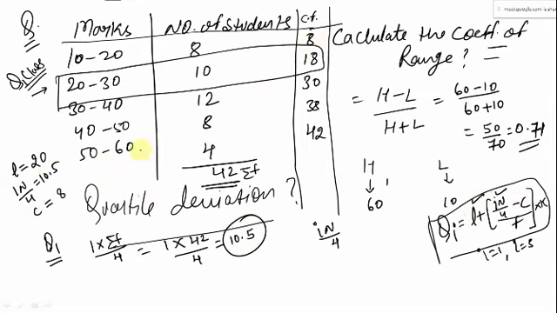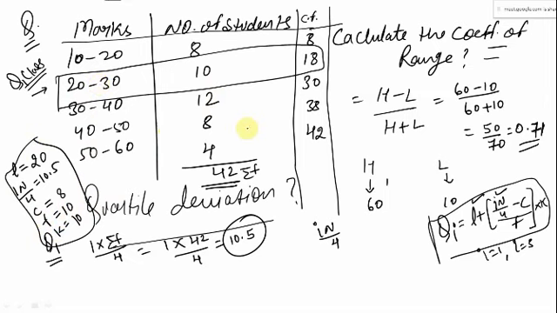F is the frequency of the quartile class, so we have taken F as 10. And K is the class interval, 30 minus 10, which is 20.